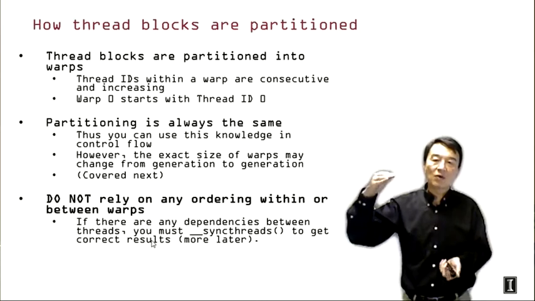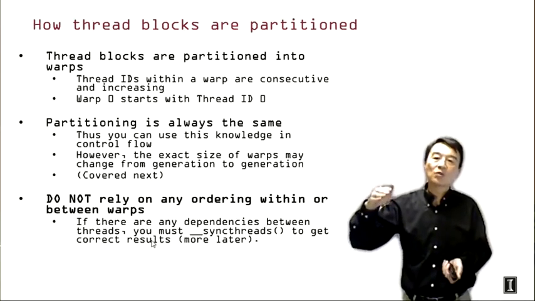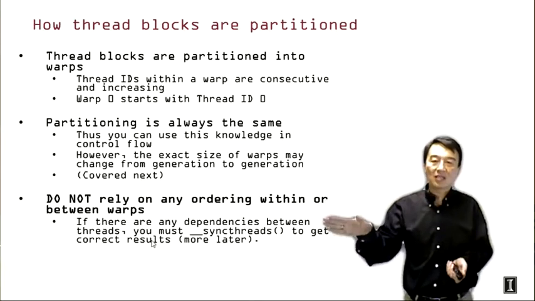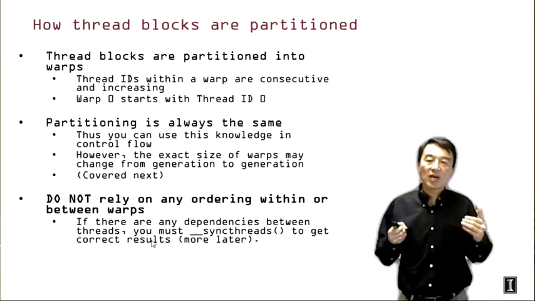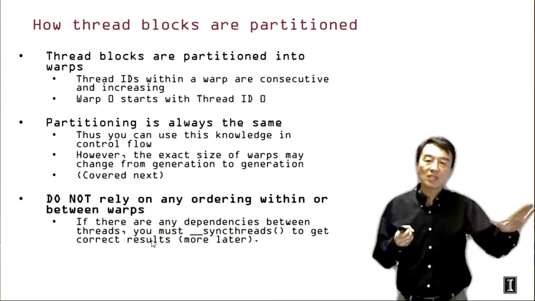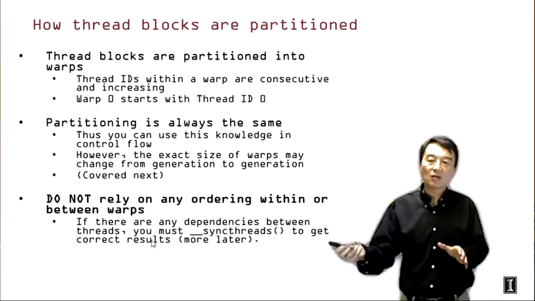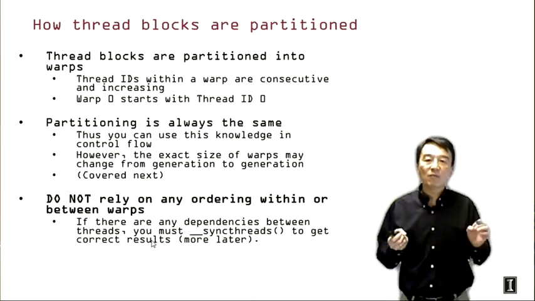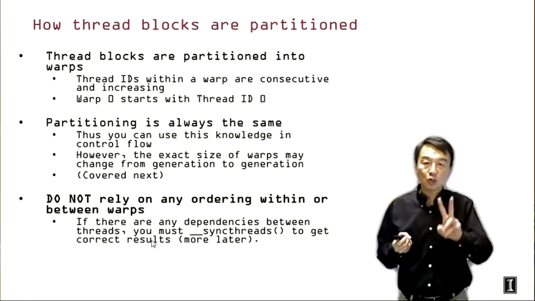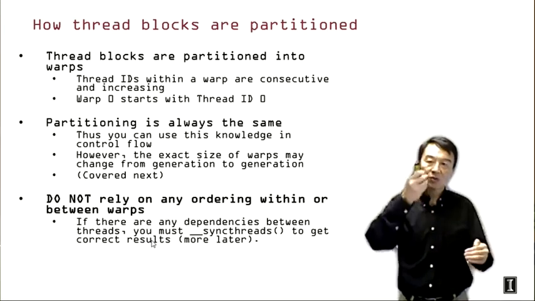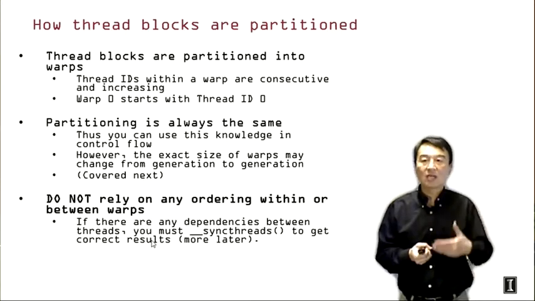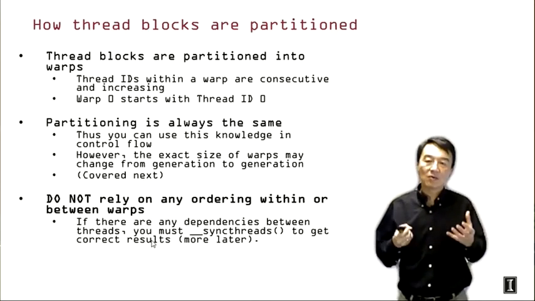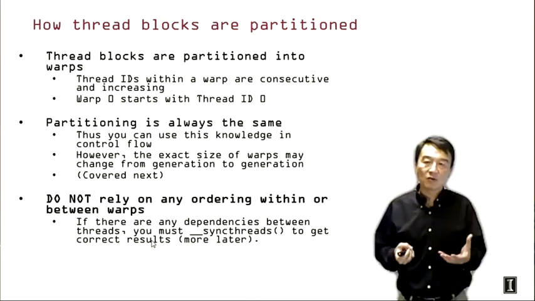In that pass, we only allow the threads whose branch goes to that other path to take effect. This is the reason why, whenever some of the threads in a warp want to take one direction in their branch and other threads want to take another direction, we have performance loss, because it takes two passes through these different paths to complete the execution of all the threads in a warp.